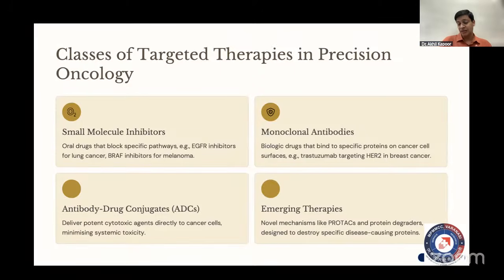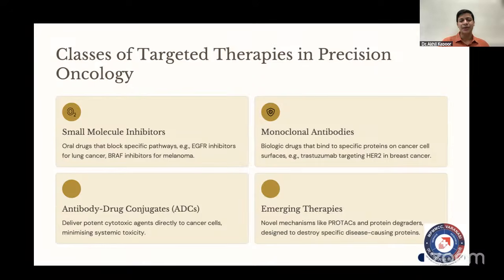So this is like a rocket which is taking the payload and delivering it only to the HER2 positive cell, leading to less toxicity and more efficacy. So these are called antibody drug conjugates. These deliver cytotoxic agent directly to cancer cells which are expressing that receptor. So this is an example of antibody drug conjugate.